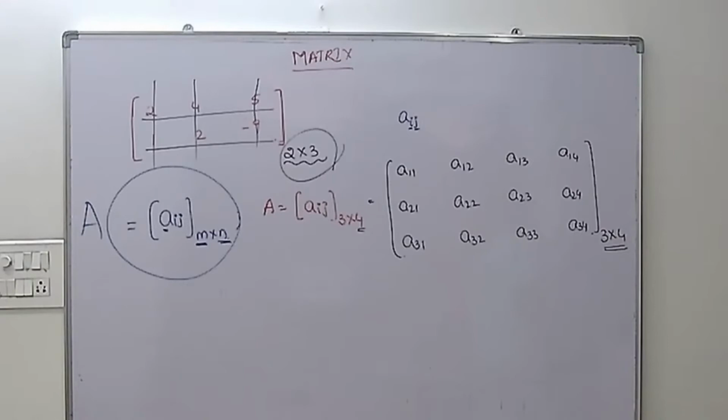The number of rows and columns present in the matrix is called order.